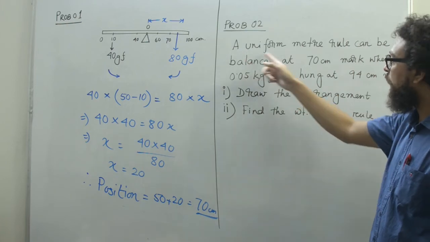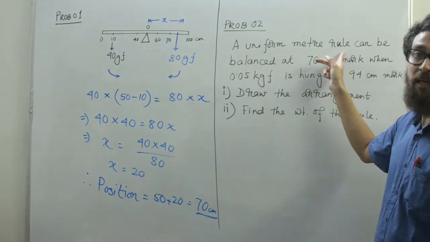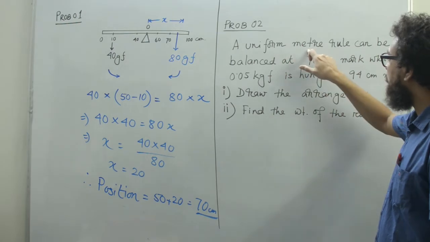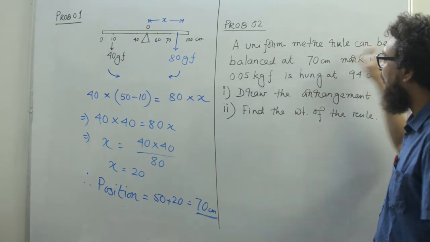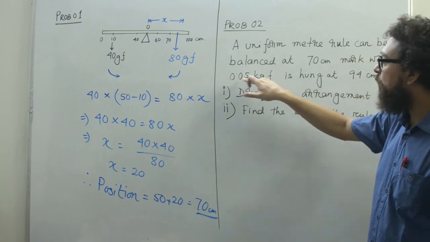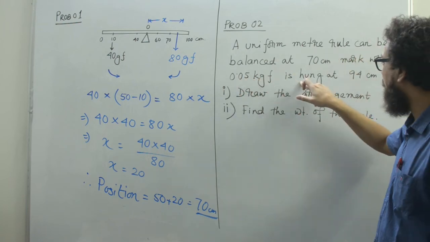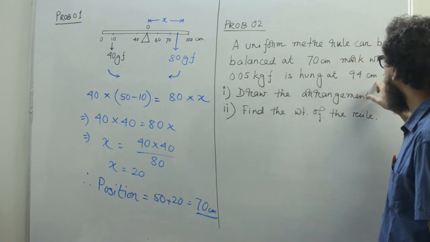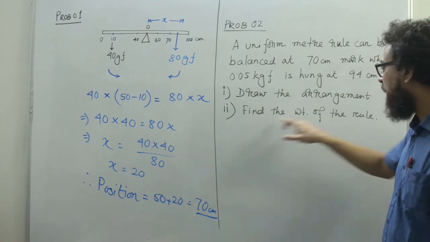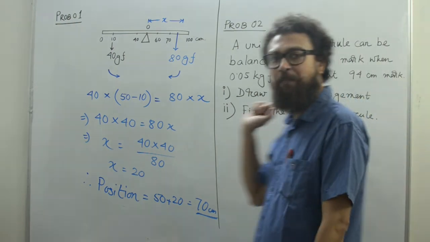What they have given: a uniform meter rule, which means 100 centimeter. Think, uniform meter rule. Meter rule means 100 centimeter. It can be balanced at the 70 centimeter mark when 0.05 kgf is hung at the 94 centimeter mark. Draw the arrangement and find the weight of the rule.